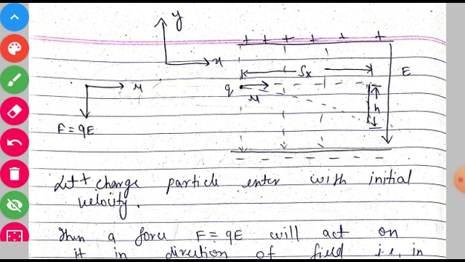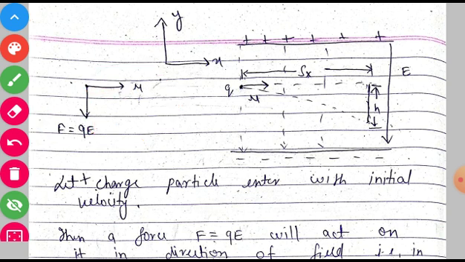Here the electric field is in the downward direction, from the positive plate to the negative plate. So this force F equals qE will also be in the downward direction. I have shown this force here. The charged particle is entering in the horizontal direction, but the force qE is acting in the downward direction.